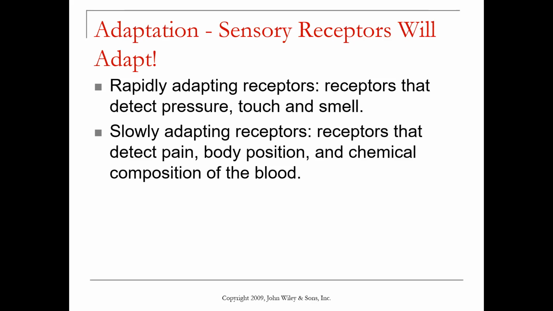That never becomes something, oh, it's okay. We're always monitoring our blood, monitoring the pressure in there, monitoring the temperature, monitoring the chemical makeup of our blood. Are we too acidic? Are we too basic? Do we have too much glucose? Do we have not enough glucose? What's going on? And we're always responding to a change, always. So we never adapt.